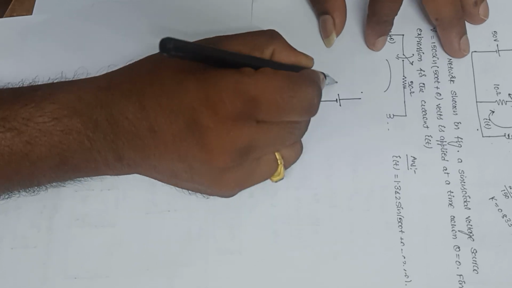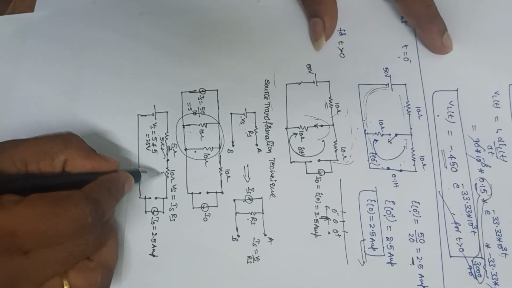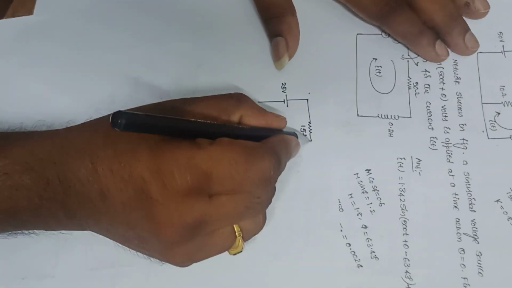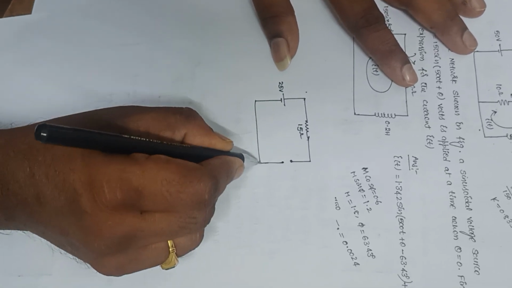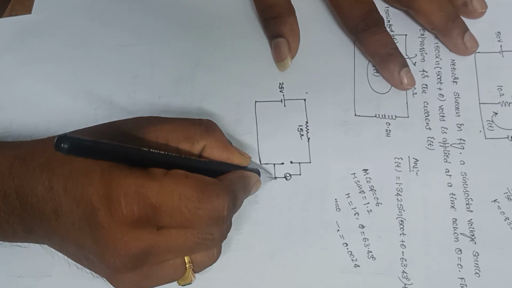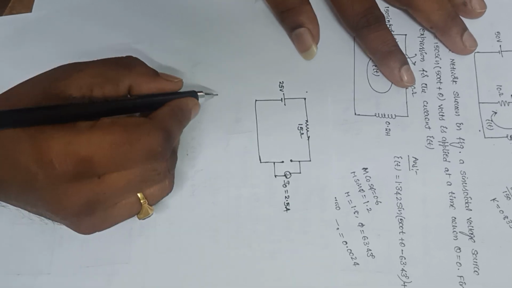This is 25 volts. This 5 ohm resistance is in series with the 10 ohm resistance, so 15 ohms, and here it is the inductance, with I naught equal to 2.5 amperes.